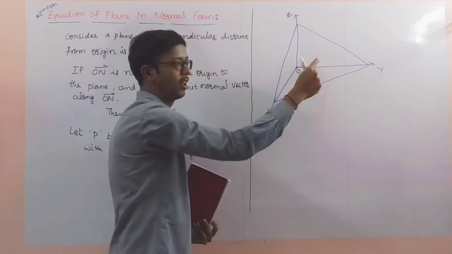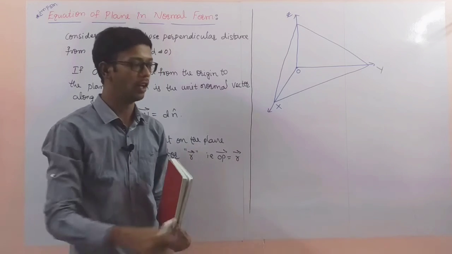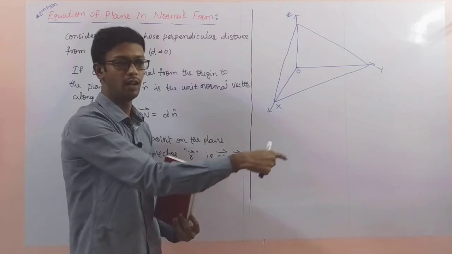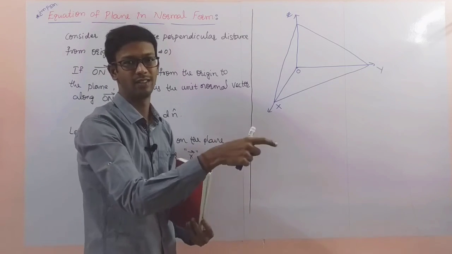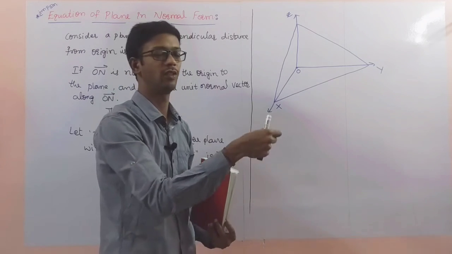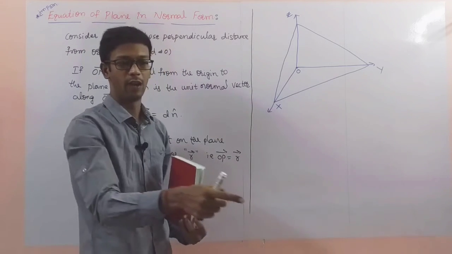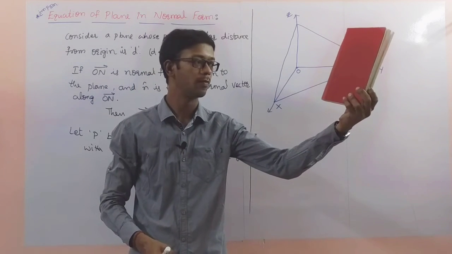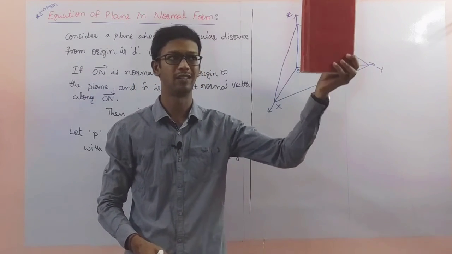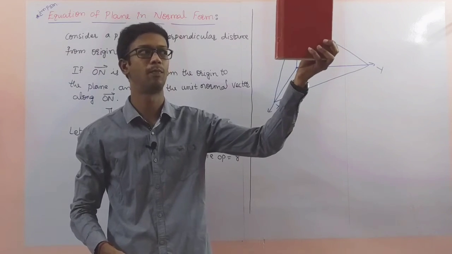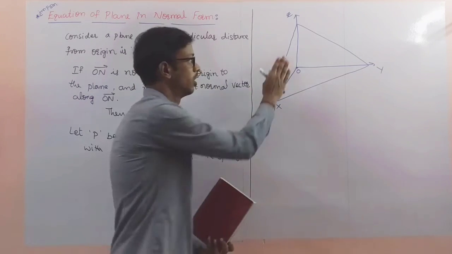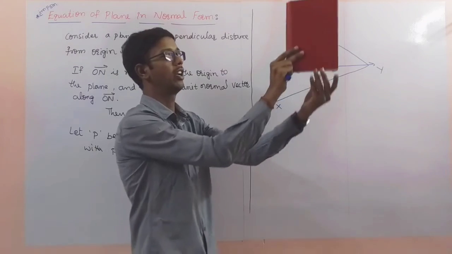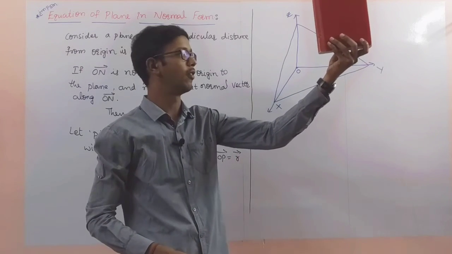This line is also perpendicular, outside. If you take room corners, that is the XYZ axes, a perfect example. This is a plane in space, and this is the outside of the plane.